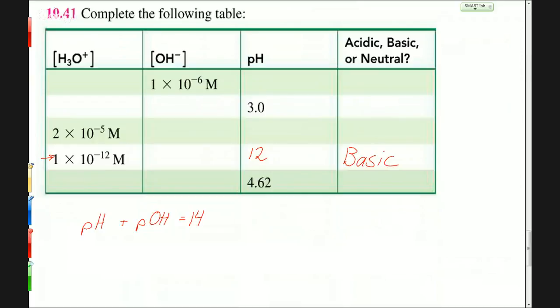So we can say that the hydronium ion concentration multiplied by the hydroxide ion concentration is 1 times 10 to the minus 14. That's saying the same thing. It looks different, but it means the same thing.